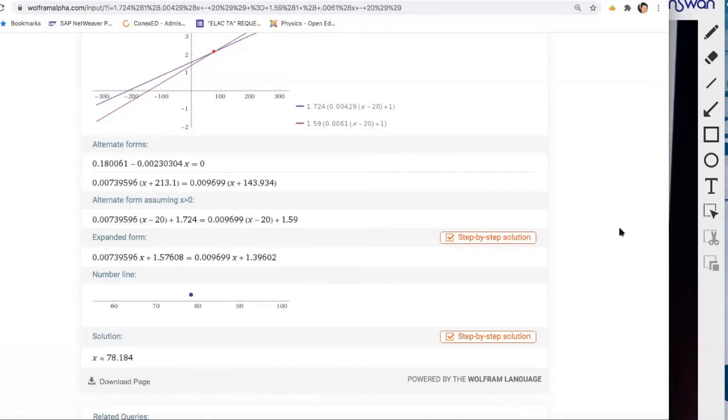Yeah, that makes sense, right? The temperature starts at 20, so if you heat it by about 58 degrees Celsius, it's already caught up.